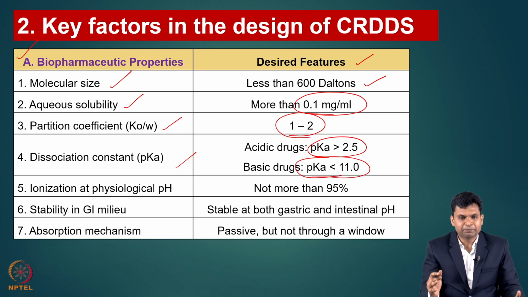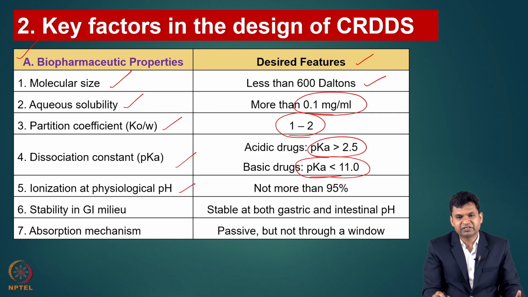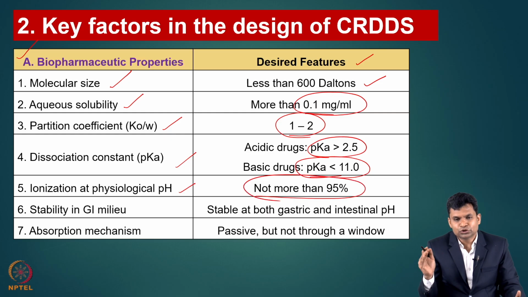That is very important for the permeation. And then ionization at physiological pH is also very important. Your ionization at physiological pH should be less than 95%.